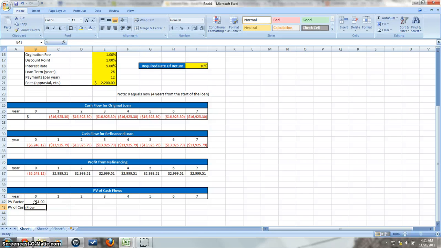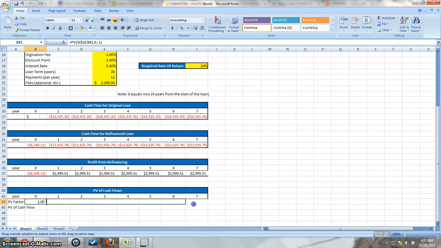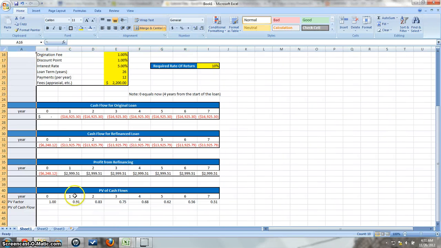And that's correct, but we want to make sure it's in a comma style. And drag this on over. Gives us our present value. Need to make this a little bigger.